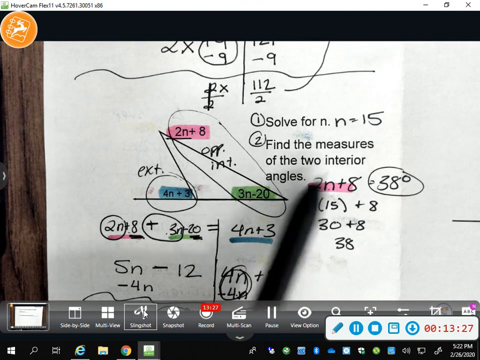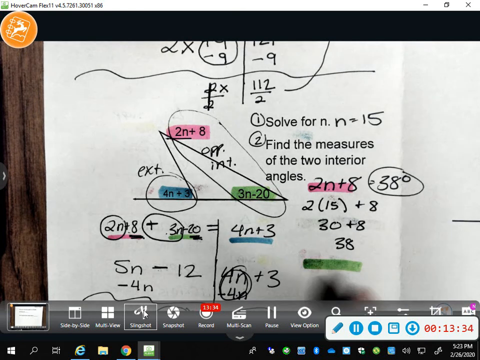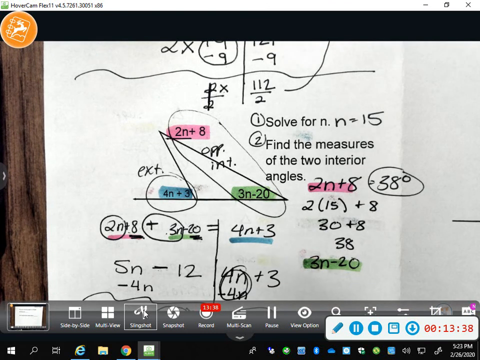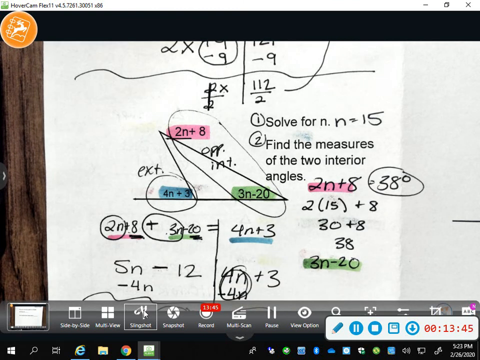The other interior angle has a value of 3n minus 20. Again, I just need to know the value of n in order to solve for the angle's measure. The value of n is 15.